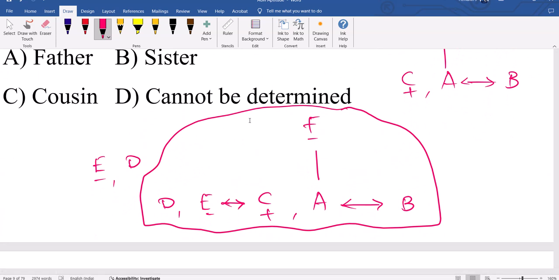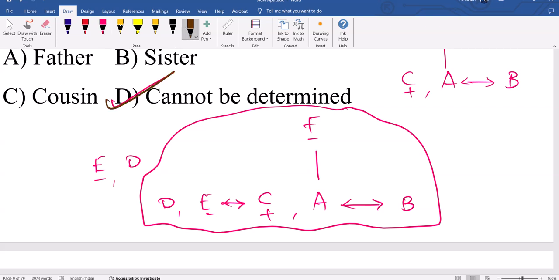There is one more argument. Okay, E may be married to B. Sorry, A and B are already a married couple. Legal relations will be a problem. Okay, we'll discuss only the legal way. One person, one marriage only, so we ignore that. But these two possibilities are there, so we can go with cannot be determined.